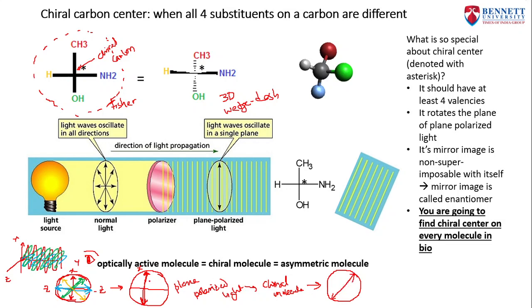Let's say the initial plane was like this; now it will rotate to a certain degree and cause an angle change. Let's call this angle phi. That is the rotation of the plane polarized light. This is a property of chiral molecules, and that is why they are called optically active molecules.